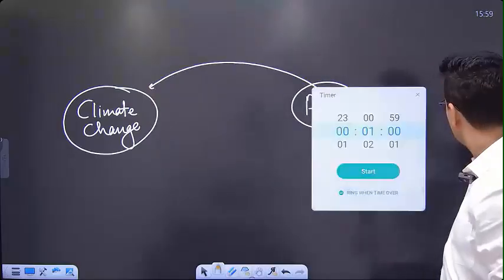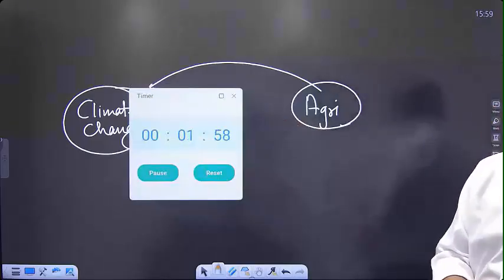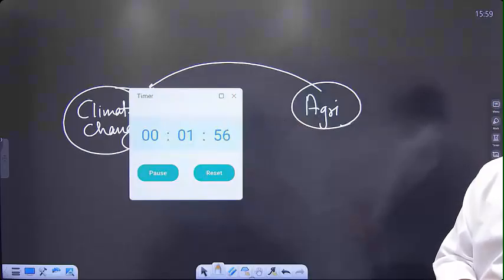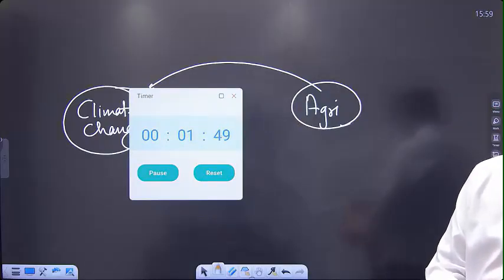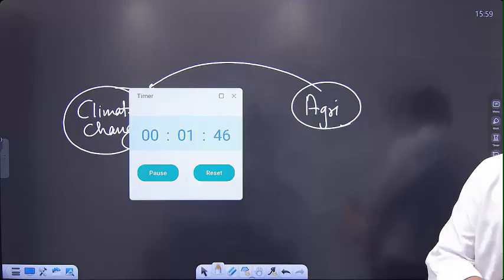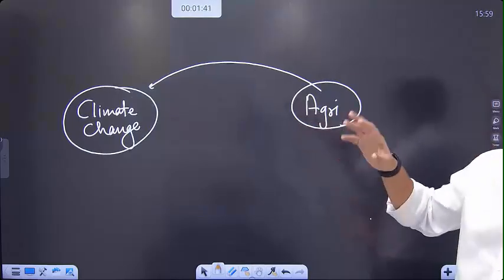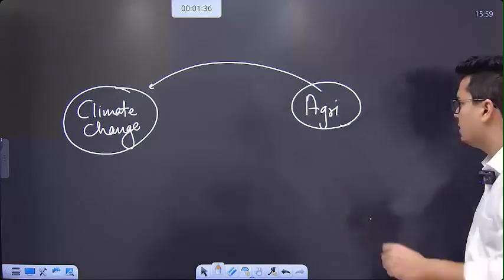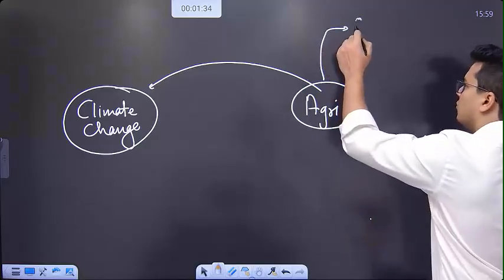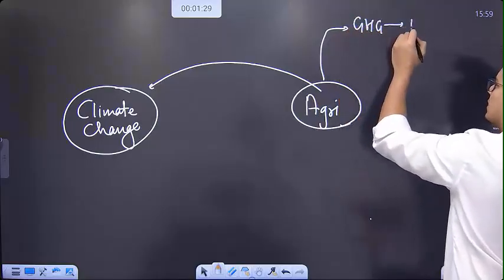How agriculture impacts climate change. Whatever you say, I will keep writing on the board, but you must write in a particular order. Yes. You have written release of methane. I will write release of greenhouse gases from things like rice.